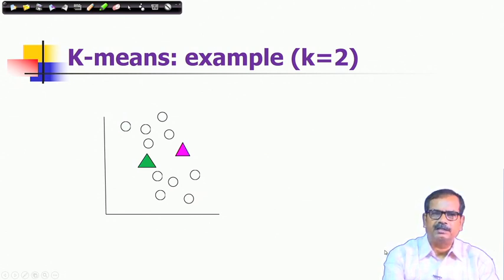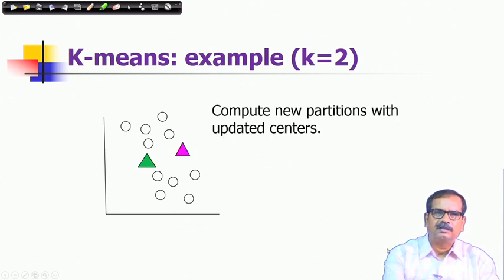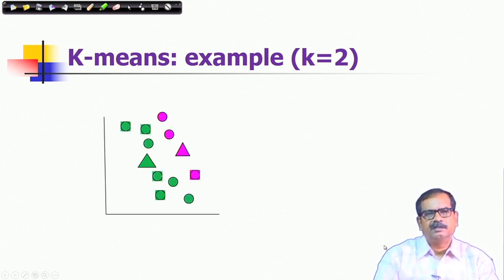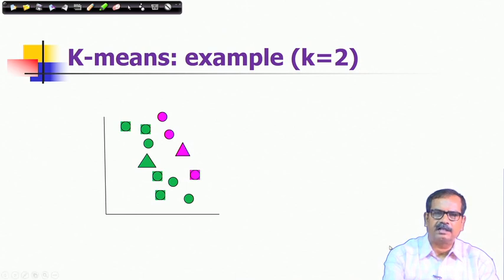Again you perform the partitioning with these two new positions. So, compute new partitions with updated centers. Now you will find that these are the set of points which are closer to the corresponding centers, and they are shown by their colors. So, you repeat these operations. You update and move the cluster centers.